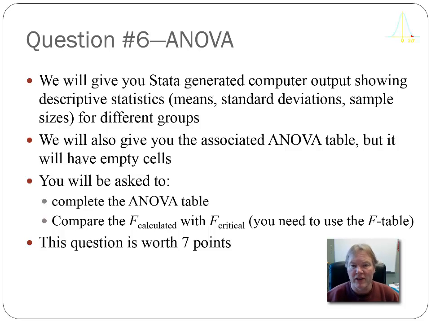And finally, you should understand that you're going to make a decision based on comparing F calculated to F critical. If your F calculated is greater than F critical, you're going to reject the null. Otherwise, you're going to fail to reject the null.